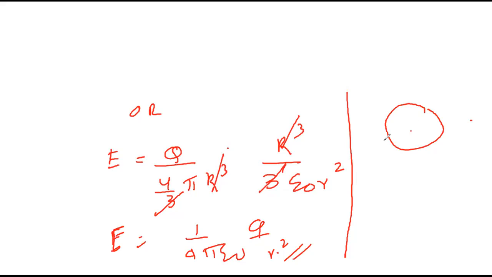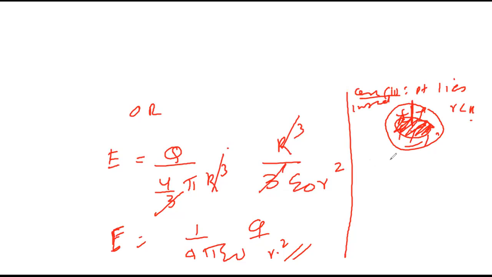Inside I think I have explained once, again we'll see. Case 2, point lies inside. So this is the original sphere whose radius is capital R. R is less than small r, so the point is inside. Then this much is the charge enclosed.